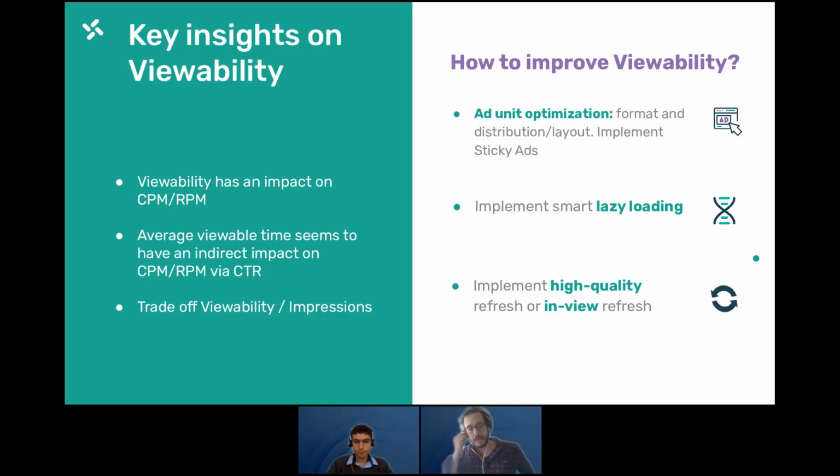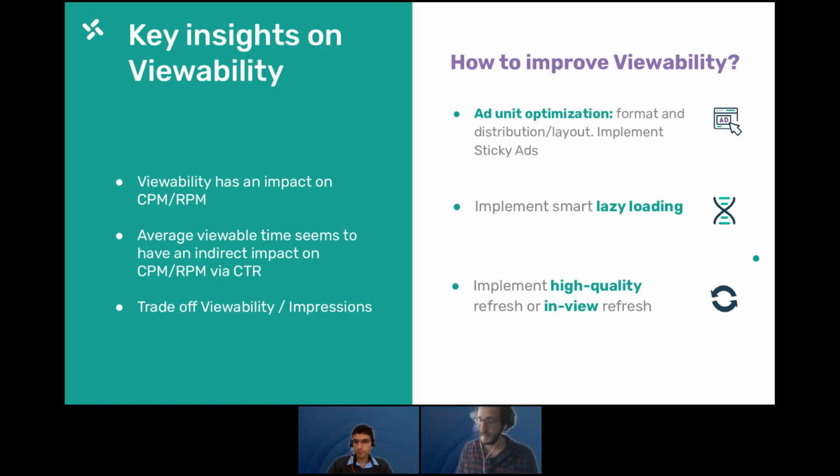it's an important metric. So we ran a few A/B tests, and also we did an analysis on our publishers, and there are good news and bad news in the findings. Basically, the bad news is that it's impossible to have a beautiful equation which would tell you if you increase your viewability by 10%, you're going to increase your revenue by X%.